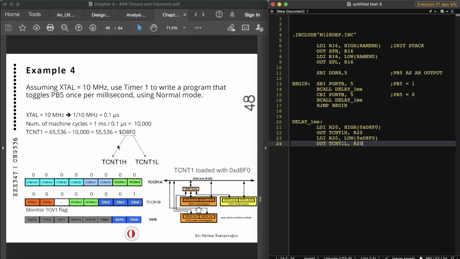So these are what we have got over here. If you want, you can write these as minus 10,000. This is also acceptable. The compiler can understand that as well.